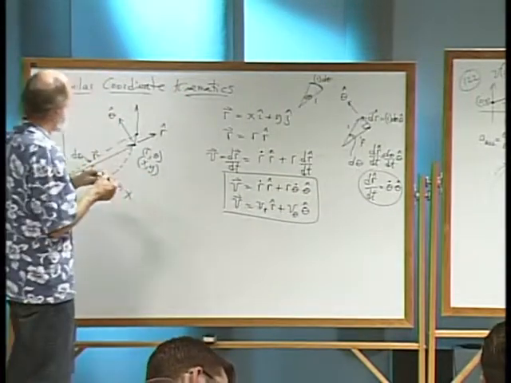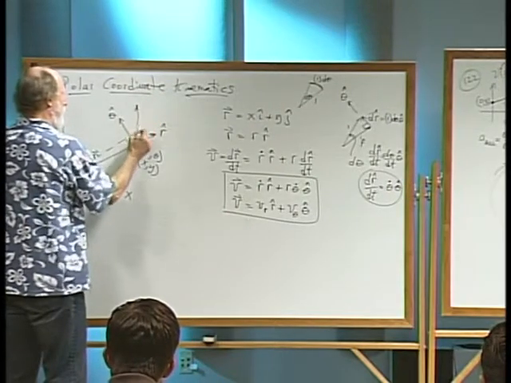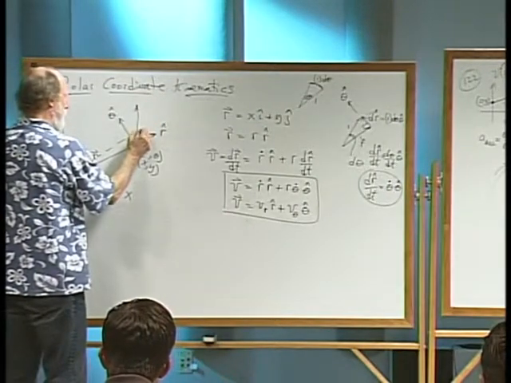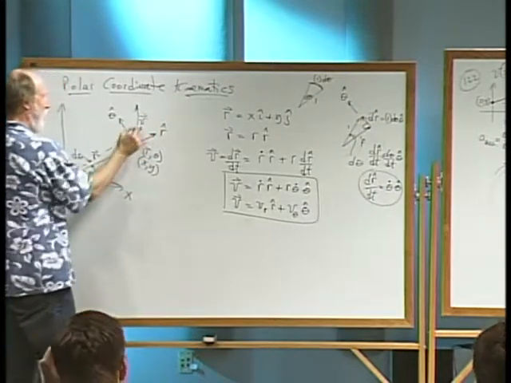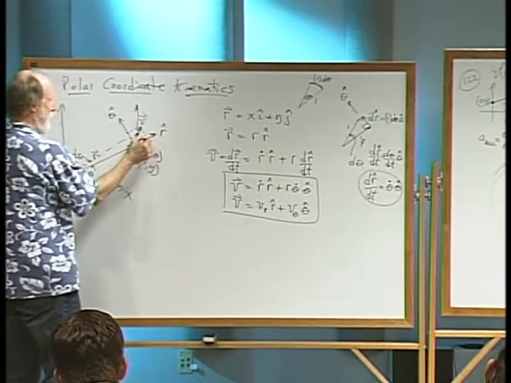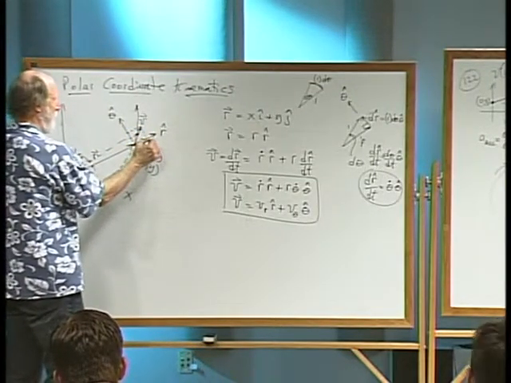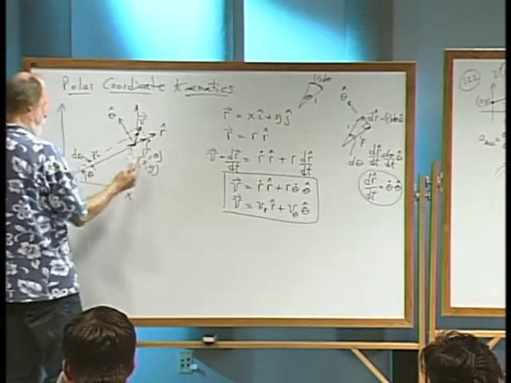So you can split your velocity up. If this is the velocity, let's say I draw it kind of short. We know the velocity is tangent to the path. I can split that into two components. Here's your r dot term.